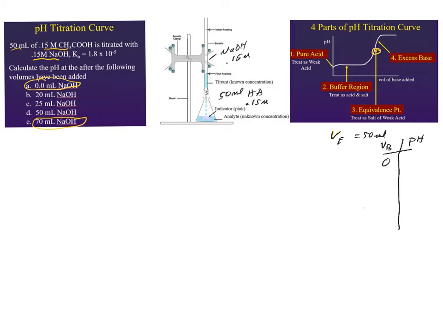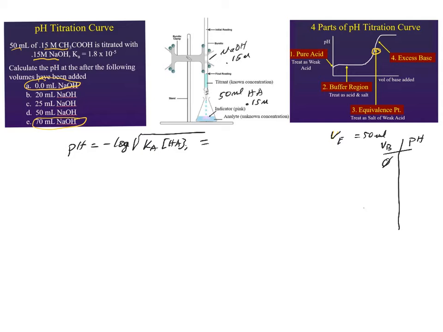The first value is trivial, and that's before we added any base. We have a pure acid, and we could have done this in the last chapter. We know that pH equals minus the log of the hydronium ion concentration, and if the initial acid concentration is greater than 100 Ka, we don't have to do the RICE diagram or the quadratic formula. We can use the shortcut: Ka times HA initial will be the solution of the RICE diagram.